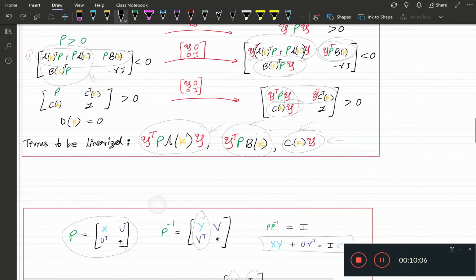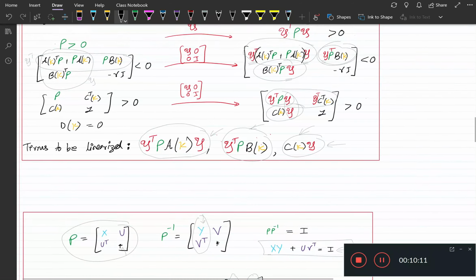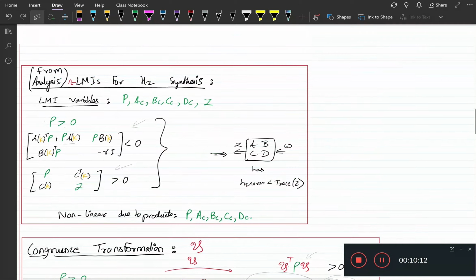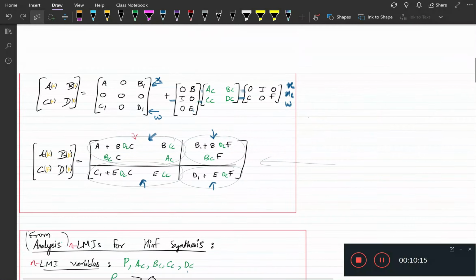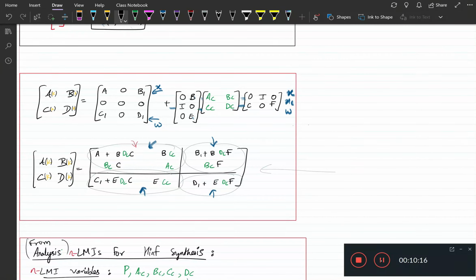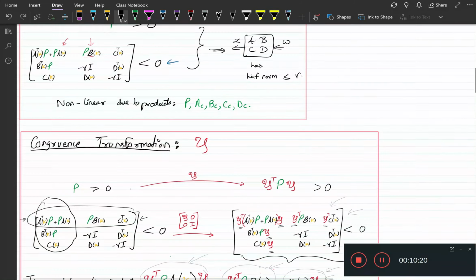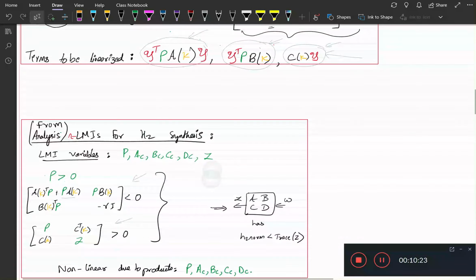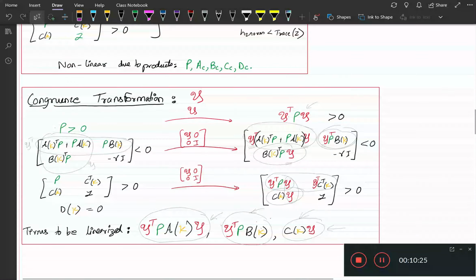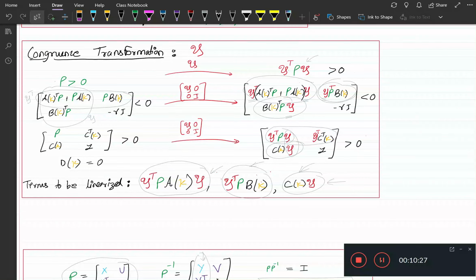But this is really no problem, because as we saw earlier, if we look at D of K, it is T1 plus E Dc F, and that is nothing but T1 plus E Dc F equal to 0.